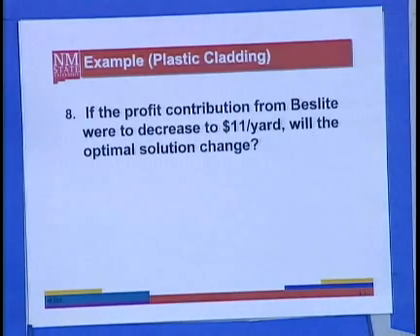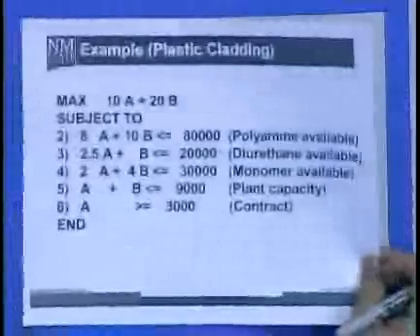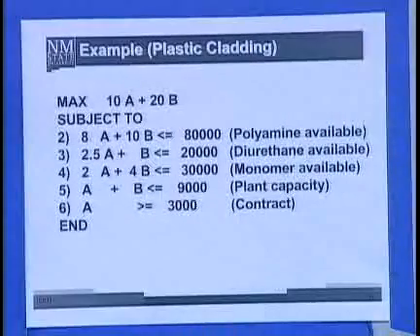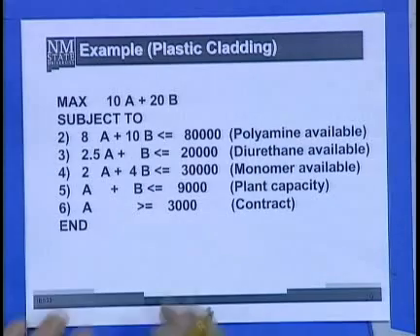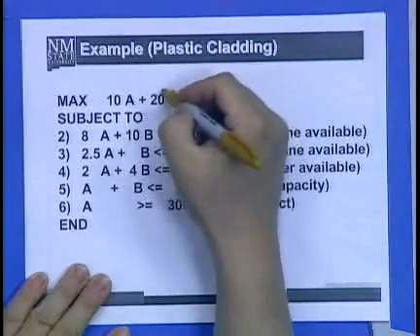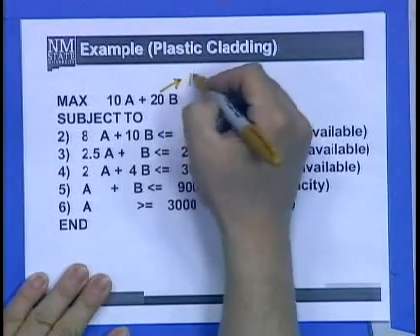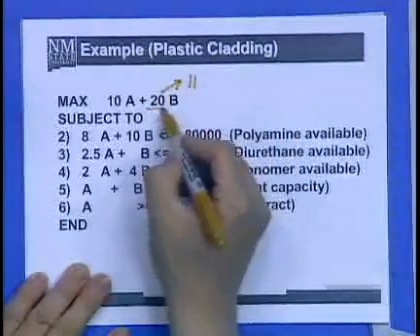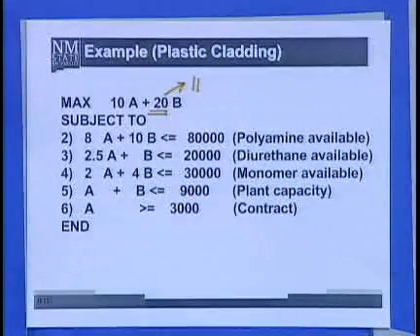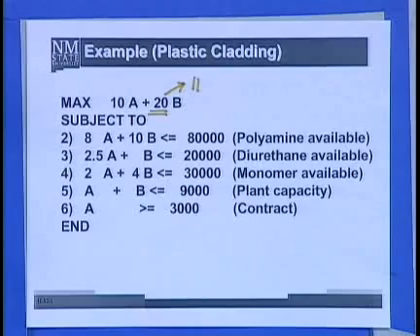Objective coefficient ranges. Here, the profit of Bestlight has been changed to $11 per yard from $20 per yard, a decrease of $9.